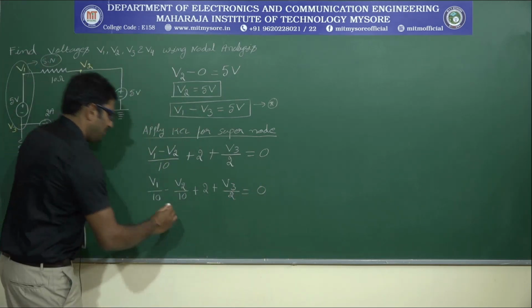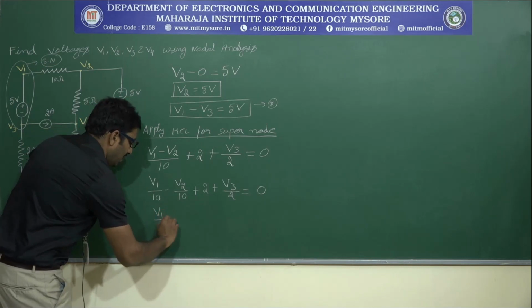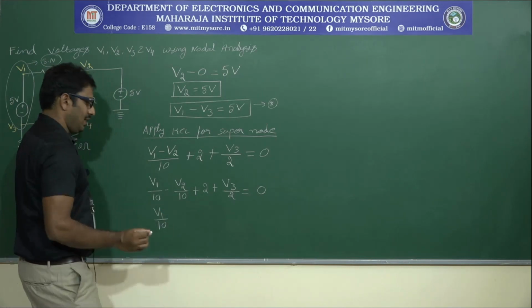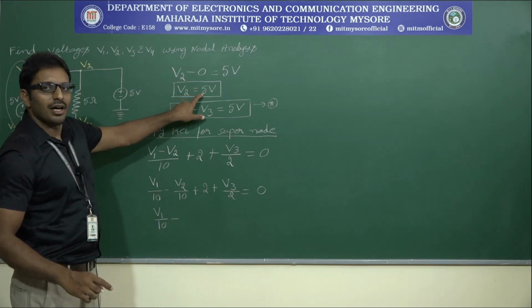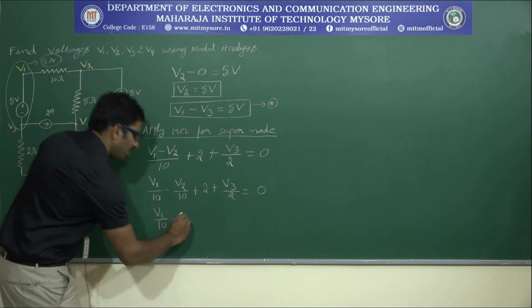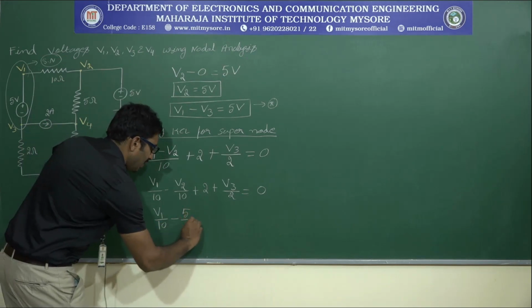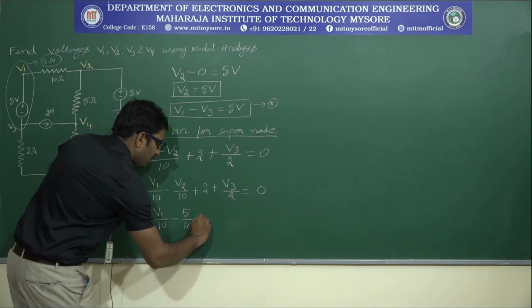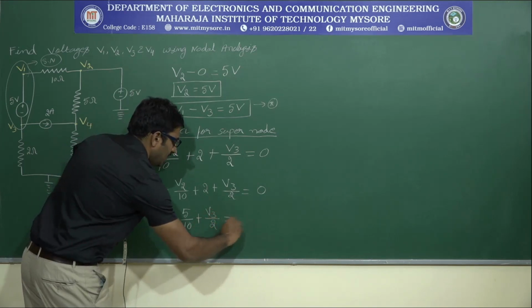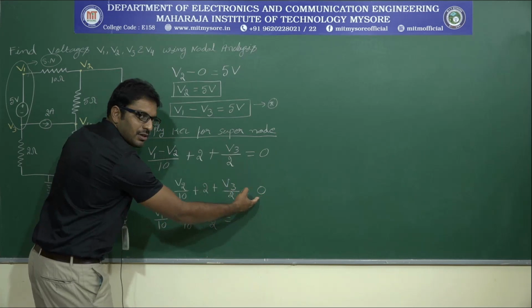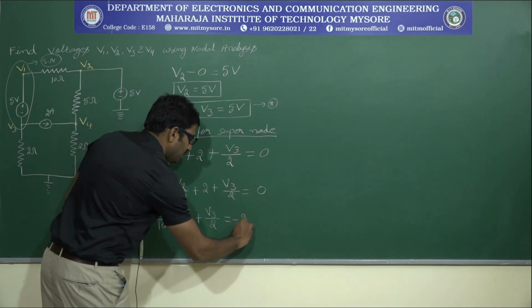Next, V1 by 10 minus V2, which is directly known, right? How much? 5. Therefore, 5 divided by 10 plus V3 divided by 2, that is equal to plus 2. Shift to the right side, minus 2.